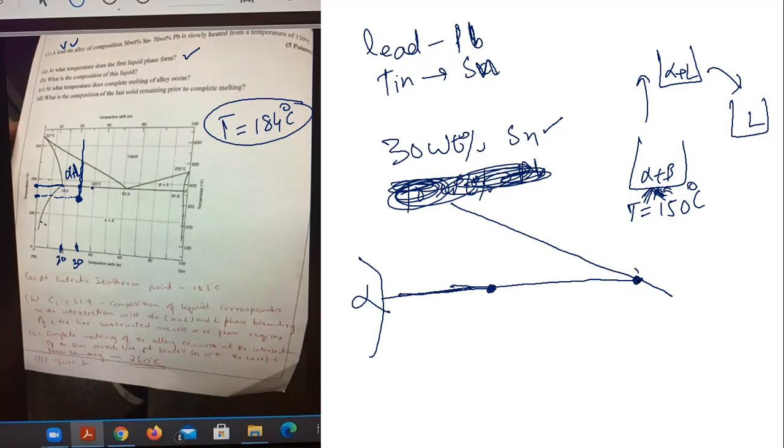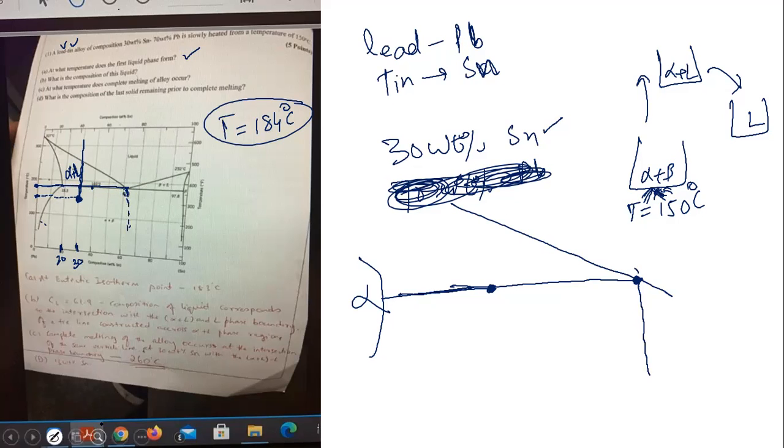So when you move down and you look up here, you move down to the eutectic point at which the liquid line crosses your tie line. So I will draw a tie line here, like this, and our liquid line.